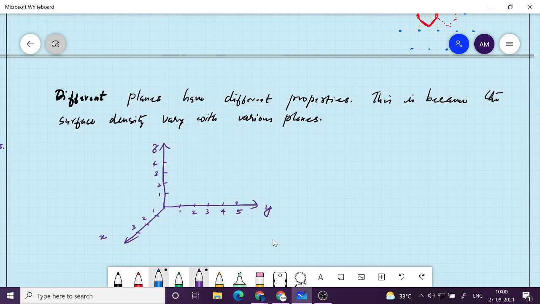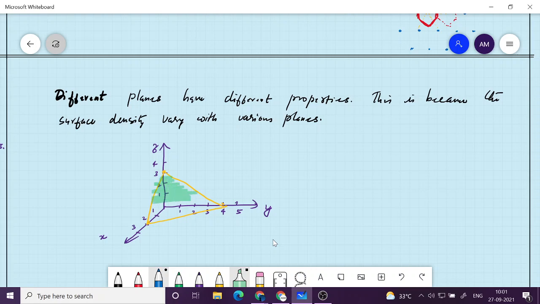So let me just show you one example of a plane. Z-intercept is 3, and then y-intercept is 4, and x-intercept is 2. So if you join these, you will see the plane.